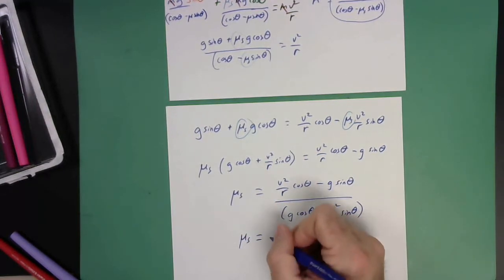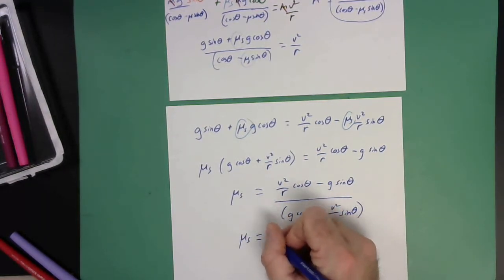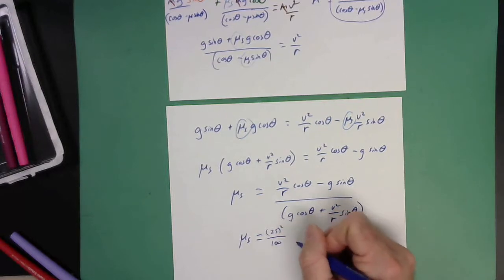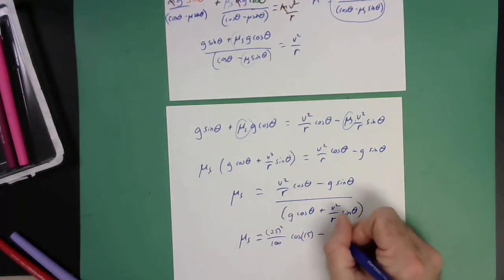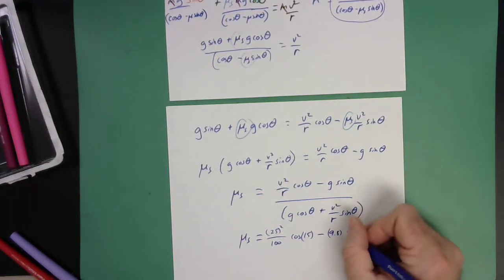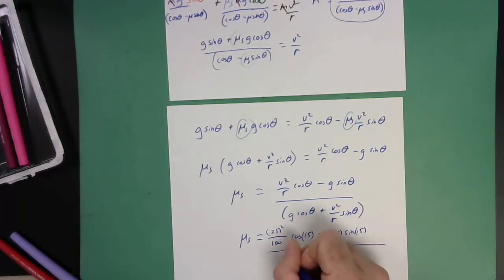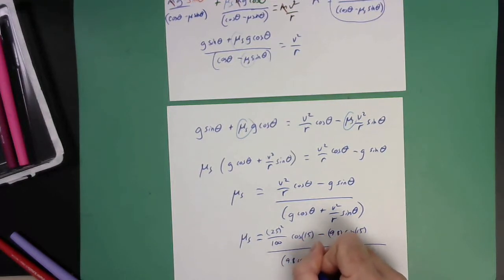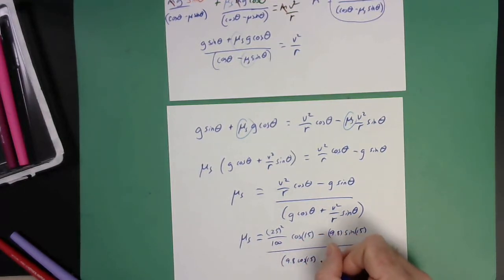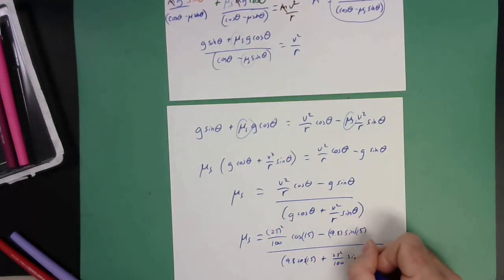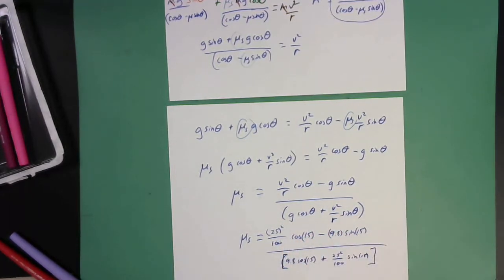That would be swell. So this is going to be 25 squared over 100 times the cosine of 15 minus 9.8 times the sine of 15, all over 9.8 cosine 15 plus 25 squared over 100 times the sine of 15. There we go.